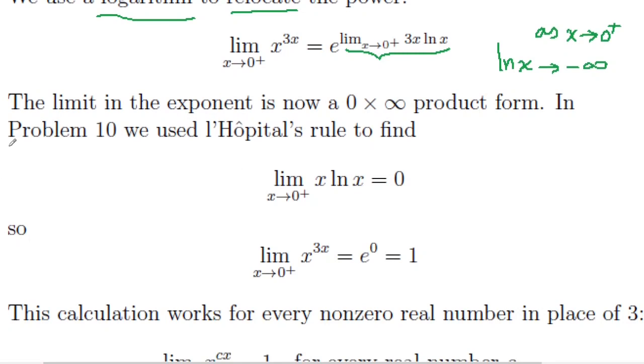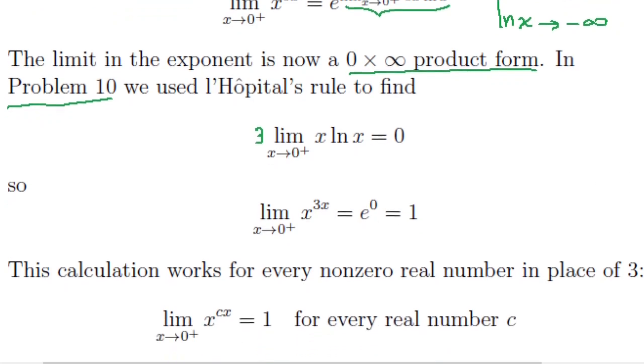That's something we showed in problem 10 as an example of 0 times infinity product form. And so 3 times that, of course, will also be 0, and that gives us the power of e here. And so the answer is e to the 0, or 1.